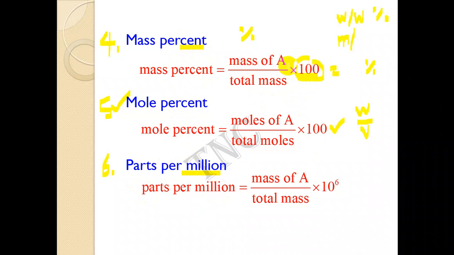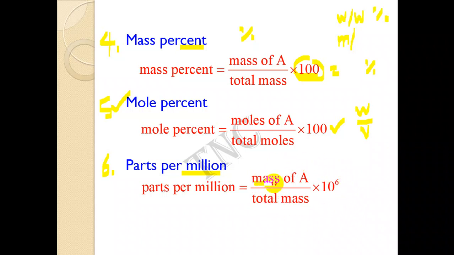In mass percent we use 100. In parts per million, million is 10 to the power 6, 10 lakhs. So parts per million is the ratio of mass of solute and total mass, multiplied by 10 to the power 6. That will give you parts per million.